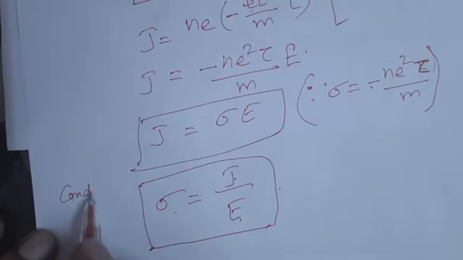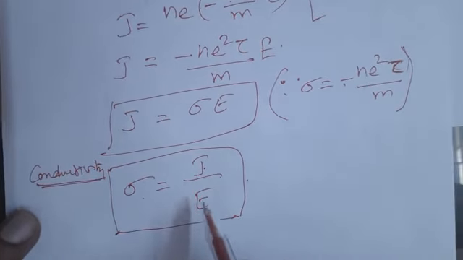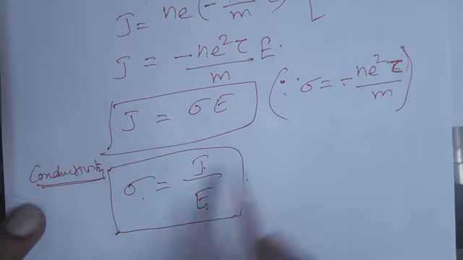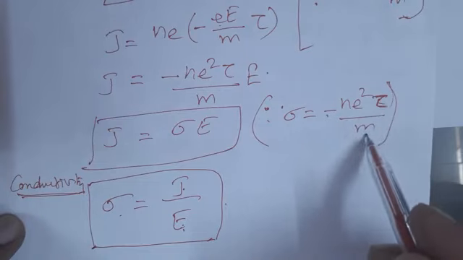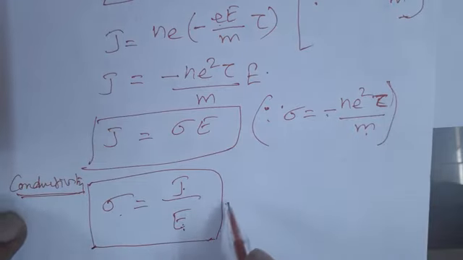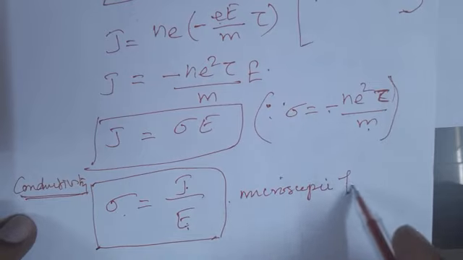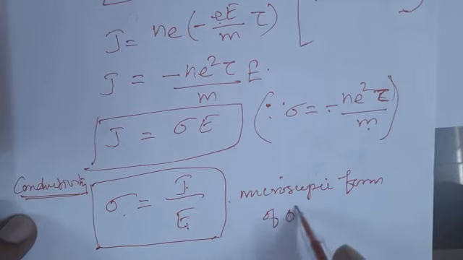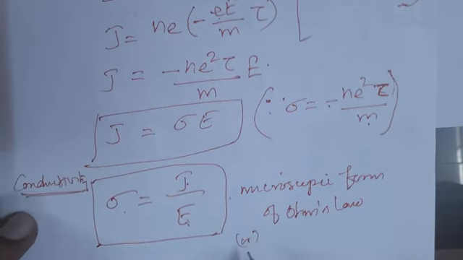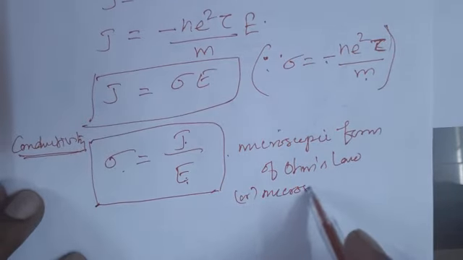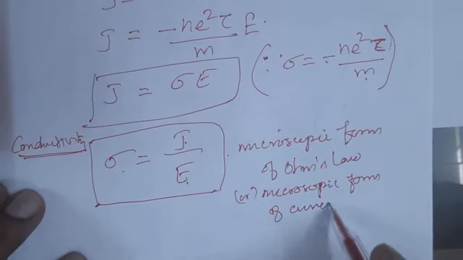So this is conductivity. The expression for conductivity in terms of current density and electric field is sigma equal to J by E, and sigma equal to n e square tau by m, using charge, time taken and mass of the electron. Sometimes we call this the microscopic form of Ohm's law, or the microscopic form of current.